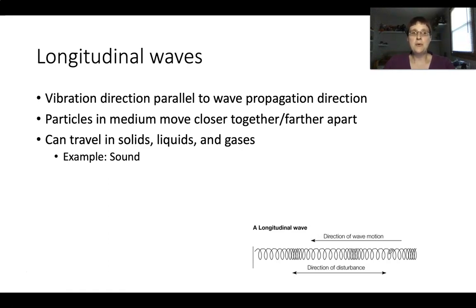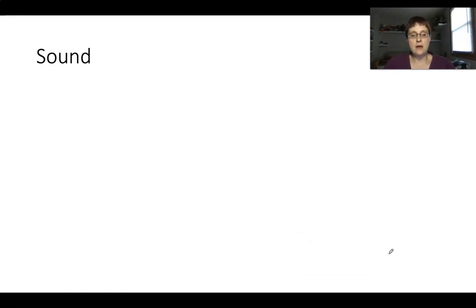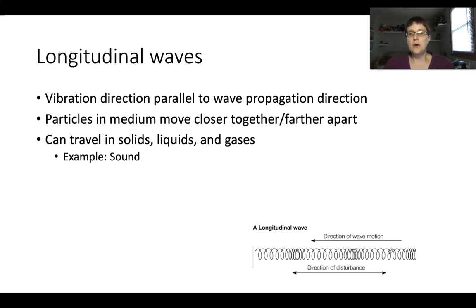And the best example of a longitudinal wave is sound waves. So sound waves can travel in all of these mediums. And the one thing that longitudinal waves cannot travel in is a vacuum. So you cannot have a longitudinal wave move in a vacuum because it needs particles to squish and spread in order to move.